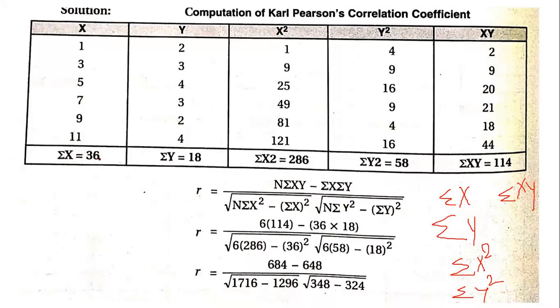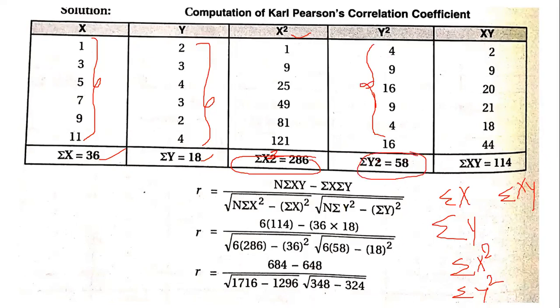So keeping this checklist, let us find out the values. That is sigma x is 36, total of x. Then sigma y, that is total of y, is 18. Then x square, if you square all of these x values here, you get x square, and once you find them, total it. This is not x2, this is x square. Then similarly square all the y's. So you get y square, so that is going to be sigma y square.